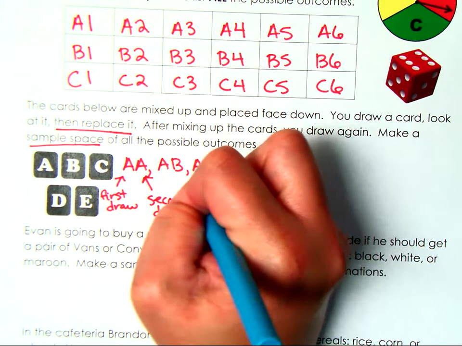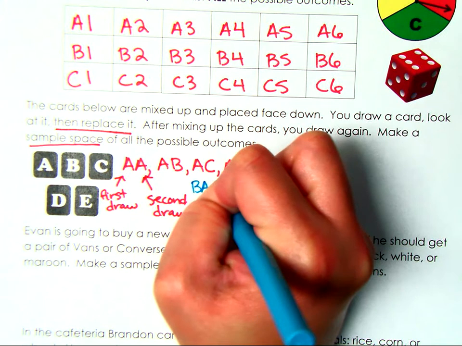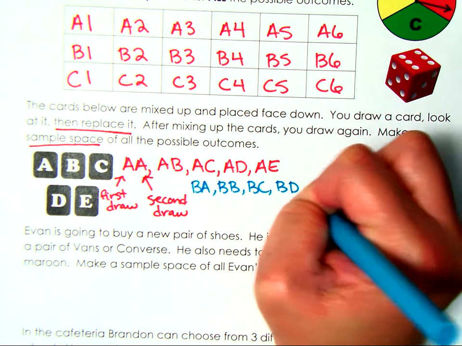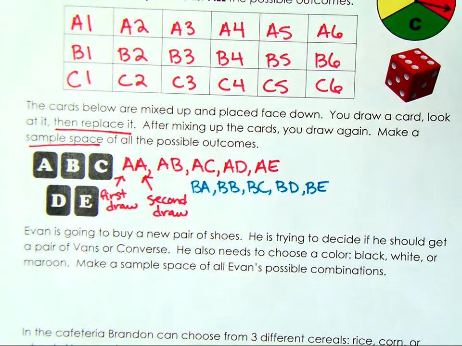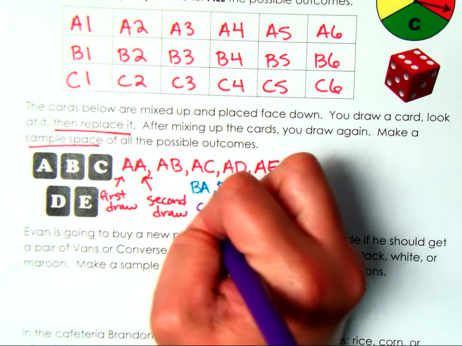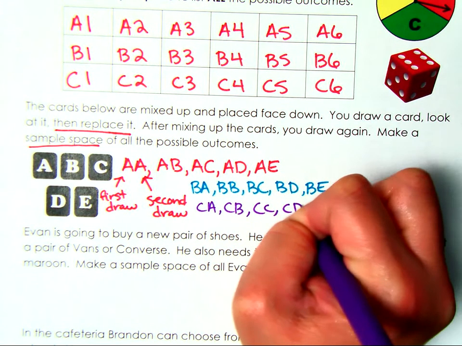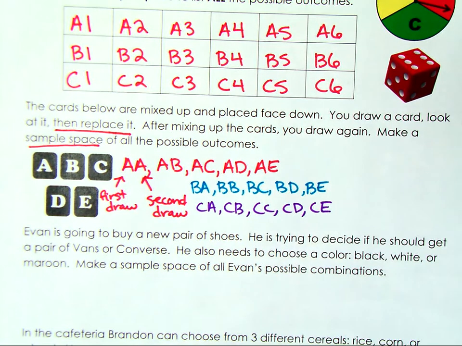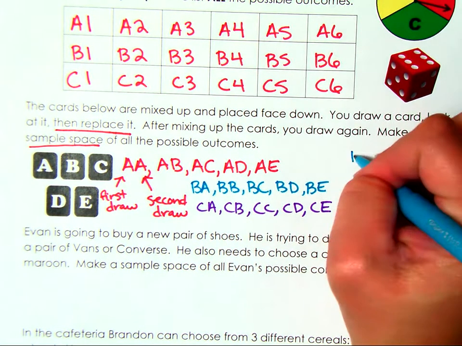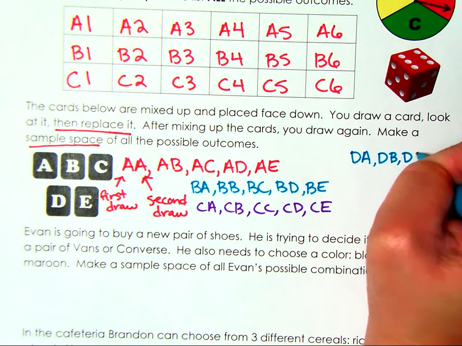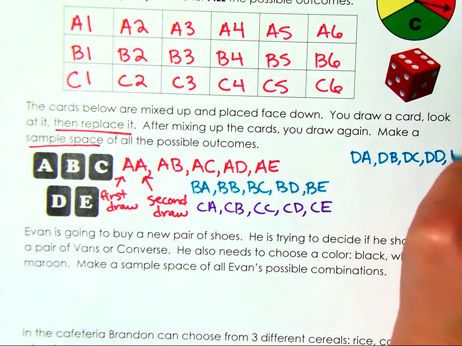We could draw a B first, then go BA, BB, BC, BD, BE. Then we can do another one and say CA, CB, CC, CD, CE. I only have these 3 colors, so we'll switch back. Then I can say DA, DB, DC, DD, DE.